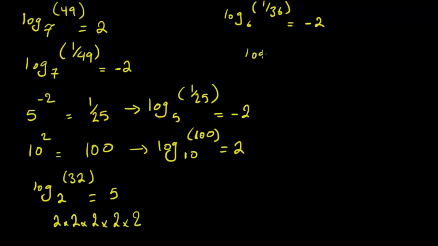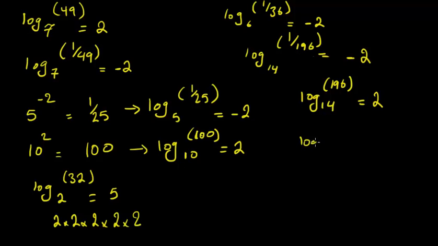Let's say we have log base 14 of 1 over 196. Again, this is a perfect square, but because it's in the denominator, we know that it's going to be a negative exponent. So log base 14 of 1 over 196 is minus 2. Log base 14 of 196 is 2.